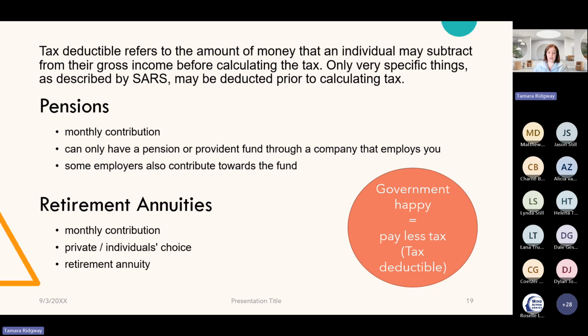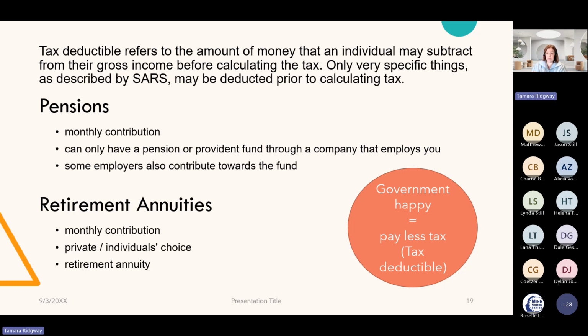Only very specific things, as described by SARS, may be deducted prior to calculating the tax. Of those things, we have pension, retirement annuities, and donations. Those are what may be deducted.